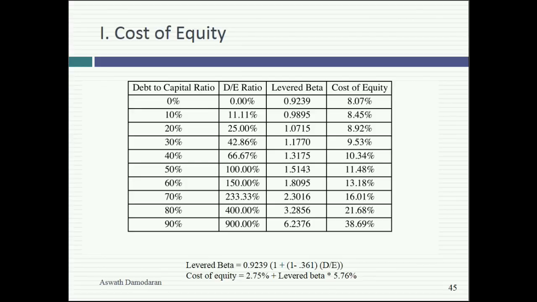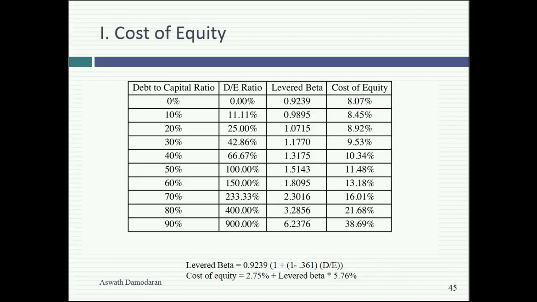No surprises. As my debt ratio goes up from 0 to 90%, my levered beta goes from 0.92 to 6.24. Why 6.24? Because at 90% debt, my equity is incredibly risky. It's a residual claim on a business with a huge amount of debt. That's a leveraged buyout scenario of Disney.